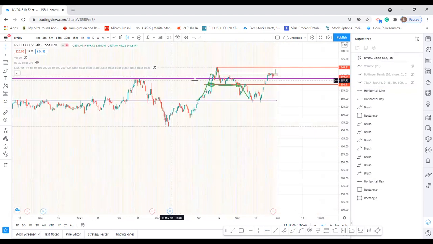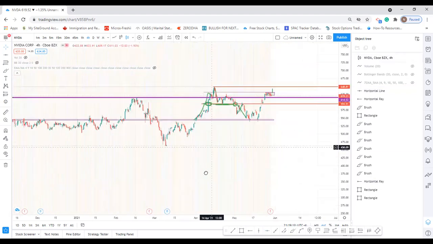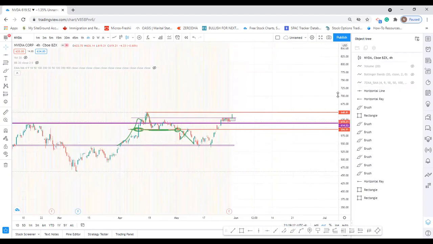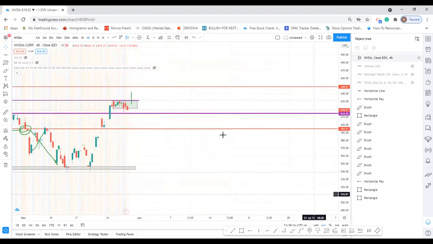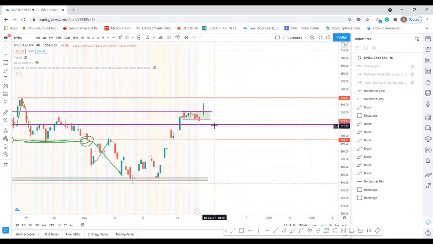So now this is your new support. This will act as a resistance area. So price tomorrow might give a holding at 612. And if that 612 doesn't hold, it will come to the 596. And that's coming for sure, in most cases, like 99% of cases.